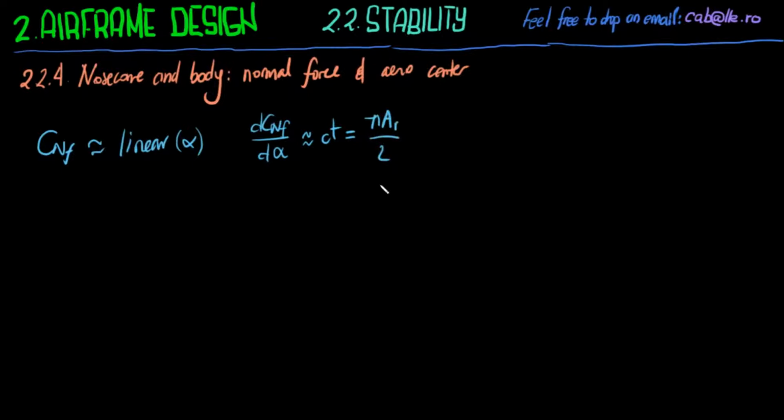You can check that for yourself. The sine square term drops. Oh, sorry, I'm missing this surface over A. Yeah, the sine square term drops.